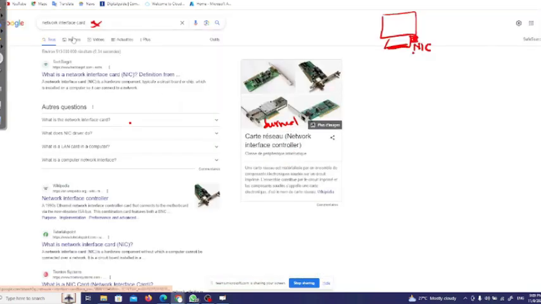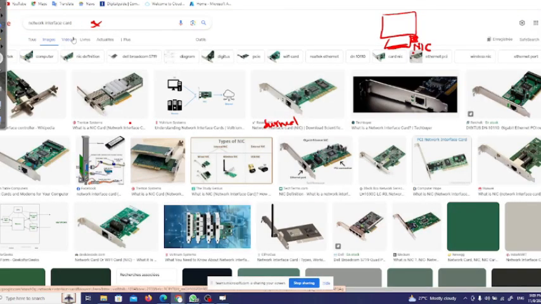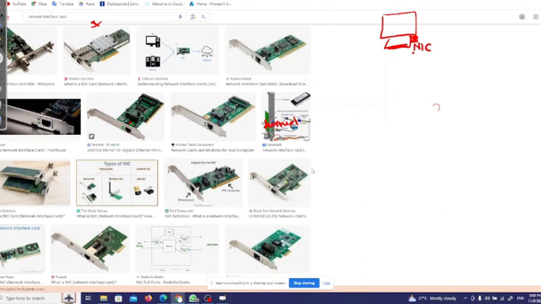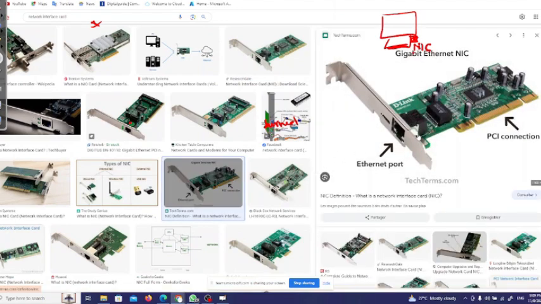Let me go to images. So this is a network interface card. This component that you can see is what you call a network interface card.